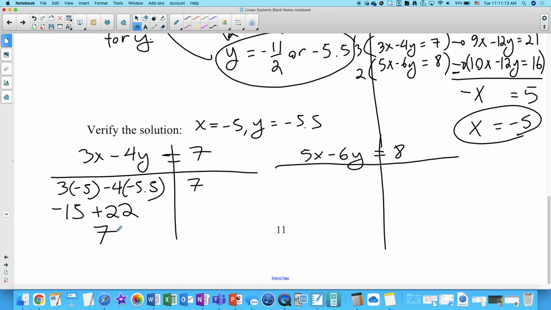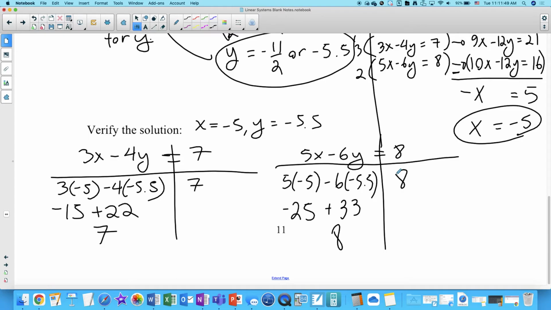And then on this side, same thing, so 5 times negative 5 minus 6 times negative 5.5. And that works out to be negative 25. And this is 6 groups of 5 is 30, plus an extra half group of 6 is 33. And that's 8. And that's what the right side is too. So we're good. Okay? Questions with that?